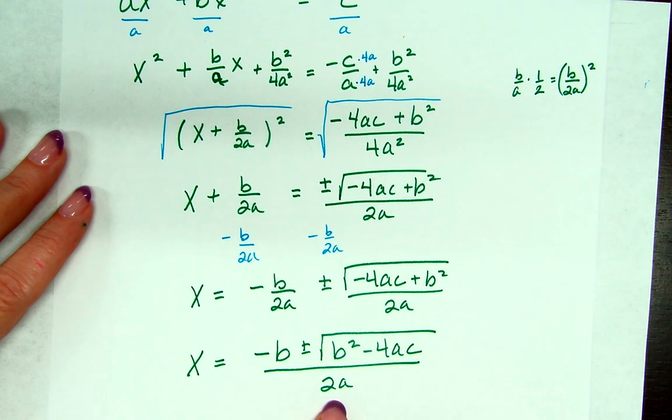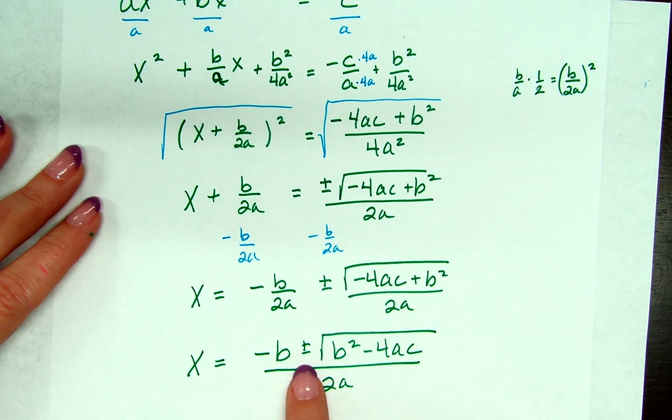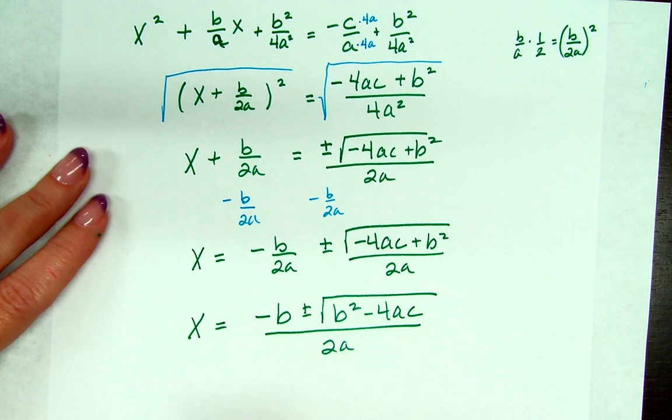X equals negative b plus or minus the square root of b squared minus 4ac all over 2a. I don't think everybody remembered it. You got to try a little harder. I don't need to sing this song. You ready? I can just sing this.